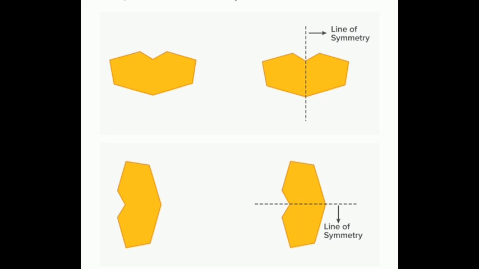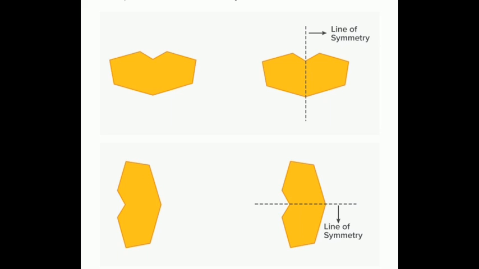That line divides the figure into two identical halves. Identical halves means both the sides have equal size and same shape. So this type of line is called the line of symmetry. What is the word? Line of symmetry.